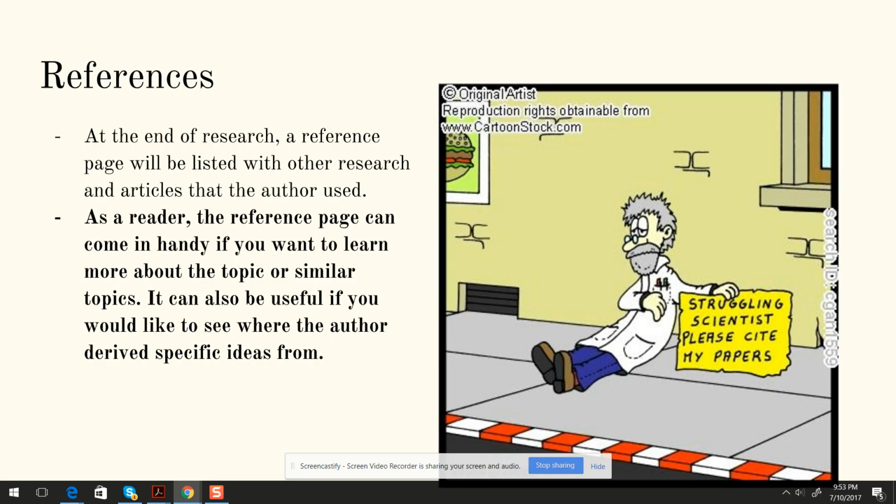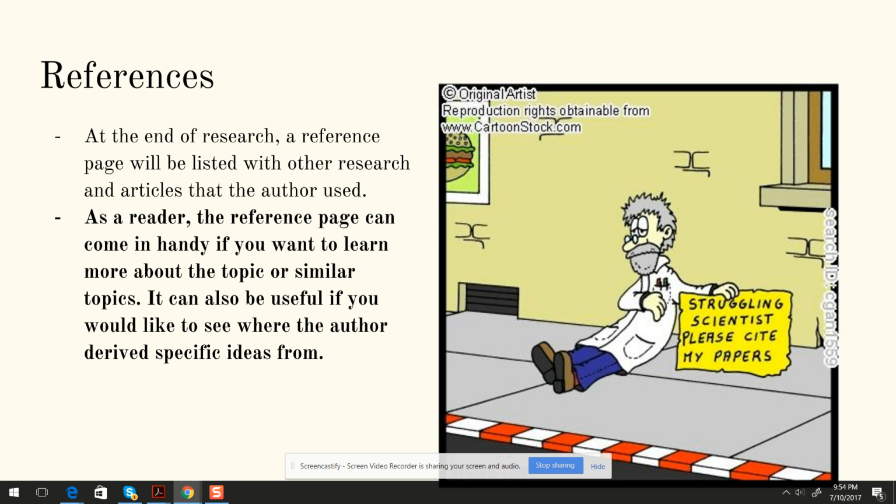Now, last but not least is your references. Your references are every single piece of outside information that your author used. References can be great if you really like this research and you want to find more research like it, or research similar to it, or, like the literature review, you want to find research that influenced it.